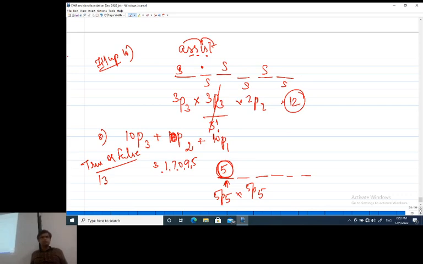With repetition, permutation cannot be found. Any other question in permutation? Any other question?